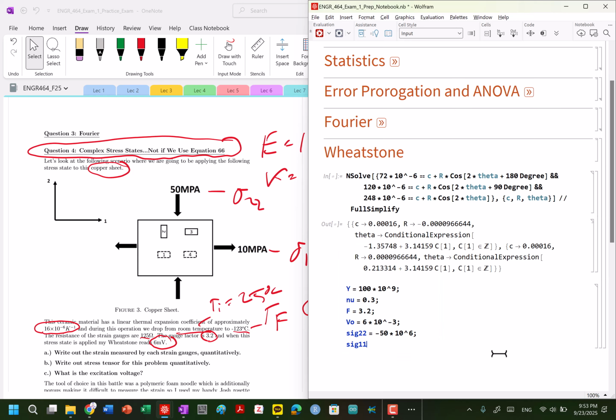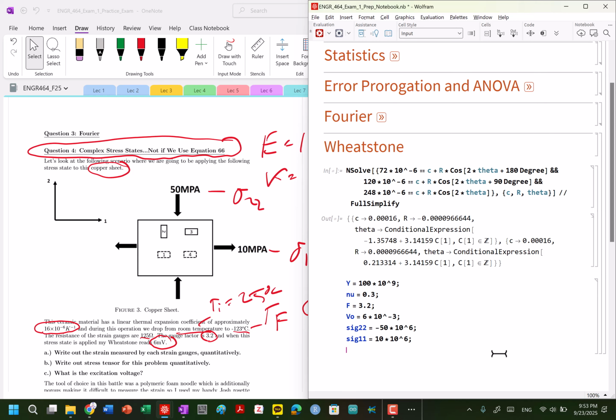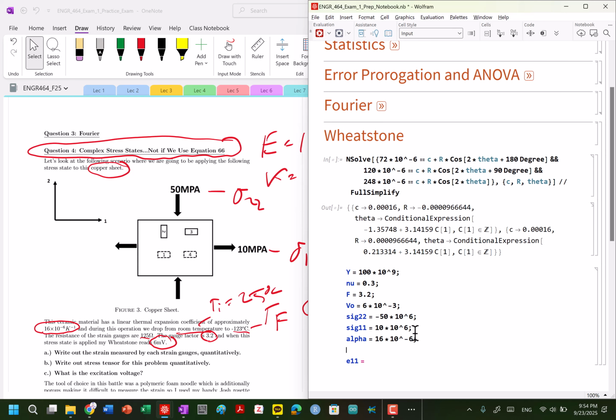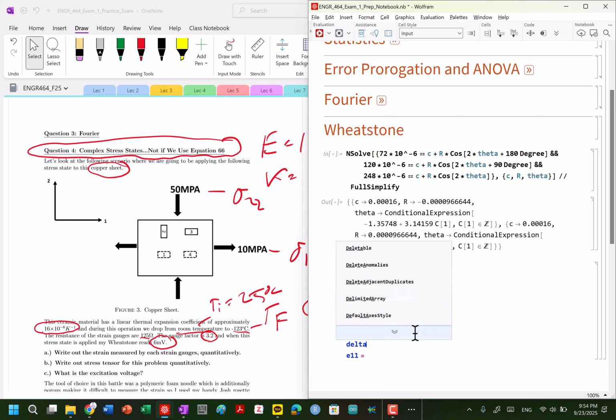Our sigma 11 is equal to 10 times 10 to the 6. Alpha equals 16 times 10 to the minus 6. Our delta T is equal to minus 123 minus 25, so final minus initial. Excellent.